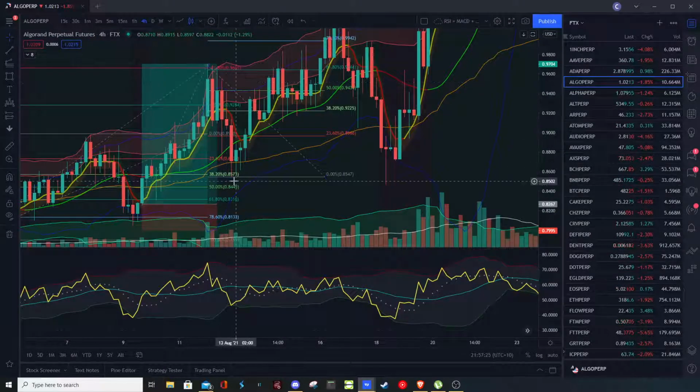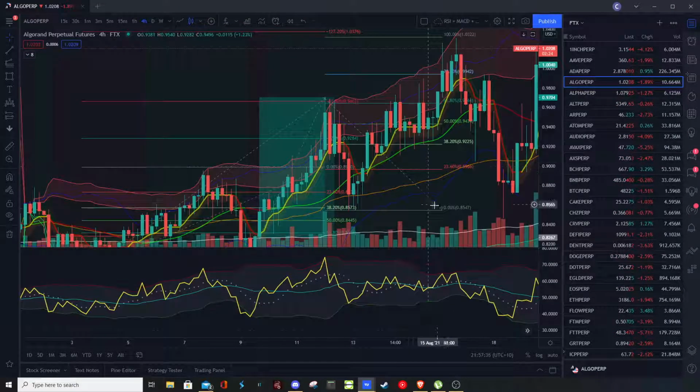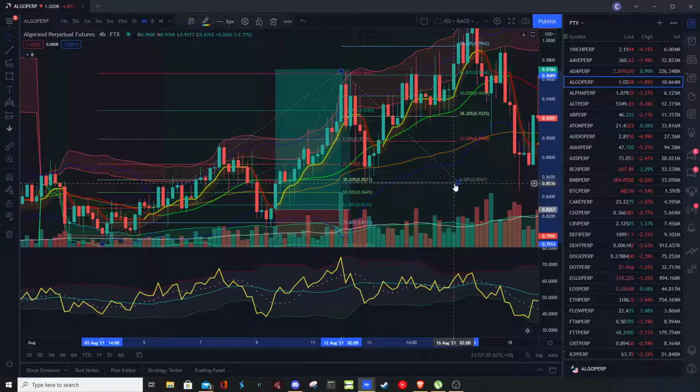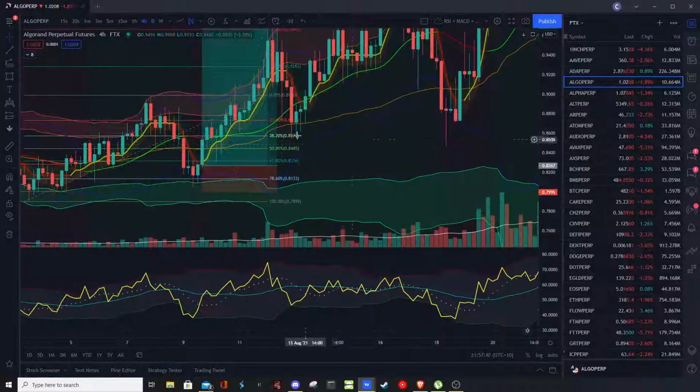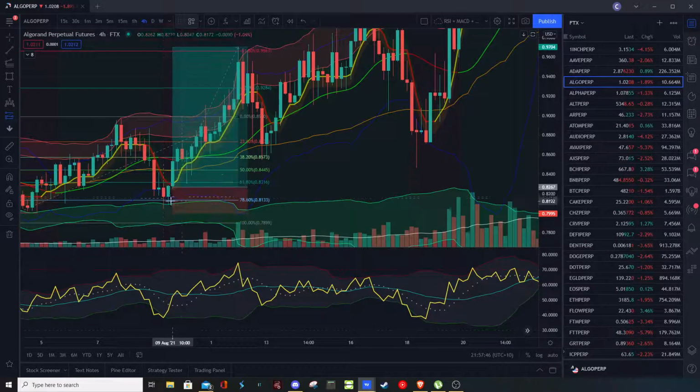So you've got the pullback there, and it's up to you where you want to sort of find your next level of entry. If it's the 38.2, look, there's some decent support there, but if we just use the VWAP line, we can get an even better entry there. So we know we're in an uptrend. So high low, high low.